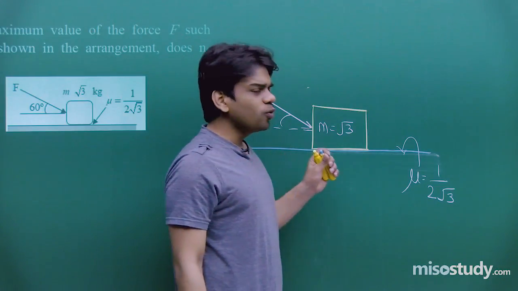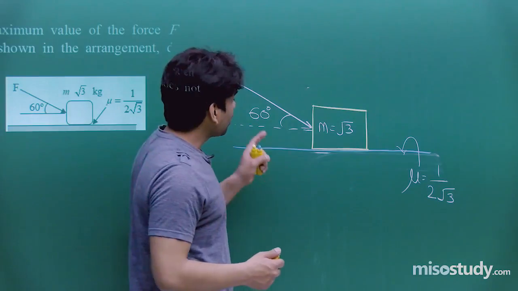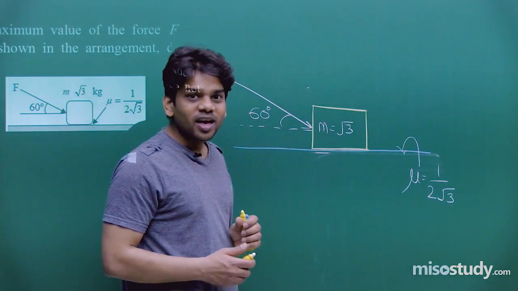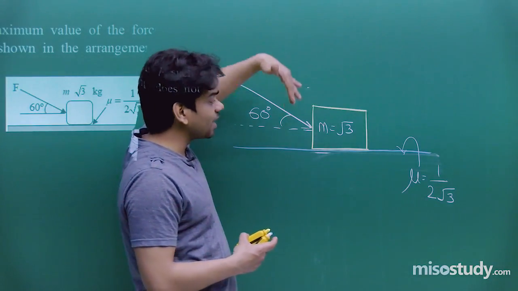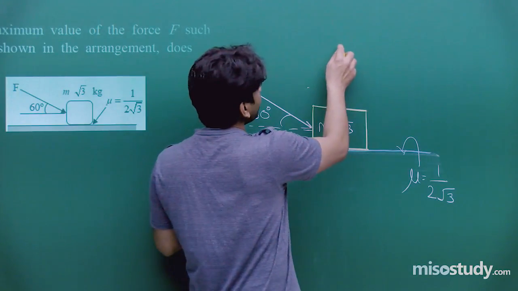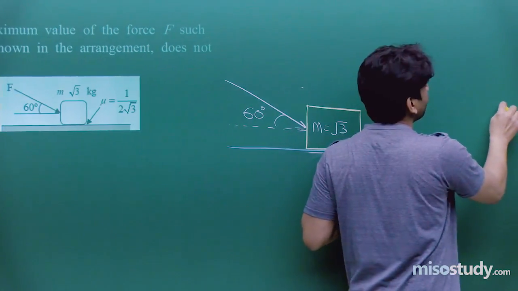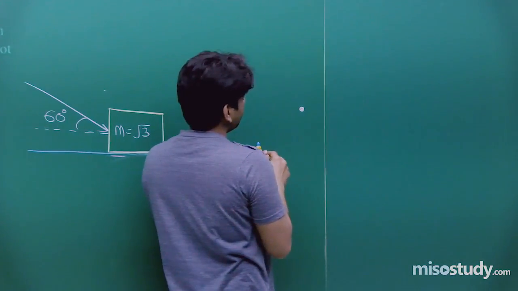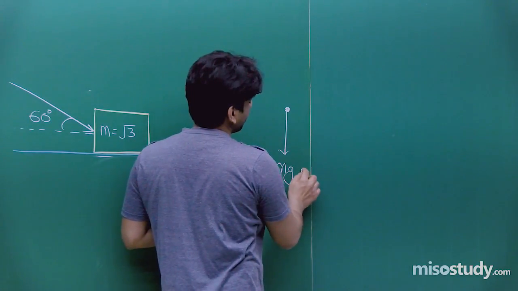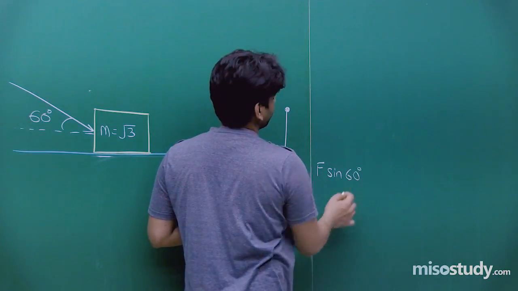Now let's sort out the directions in which the forces are acting. Its component F cos 60 degrees will act along the horizontal direction, and its component F sin 60 degrees will act along the vertical downward direction. If I draw the free body diagram here, this is the block. mg acts downward, and F sin 60 degrees also acts downward.